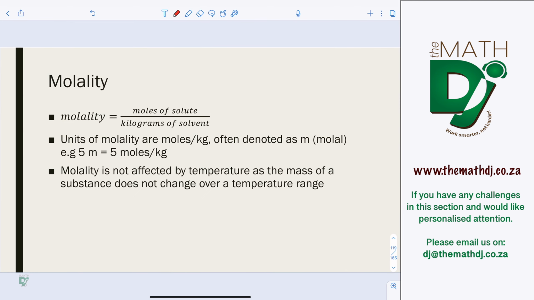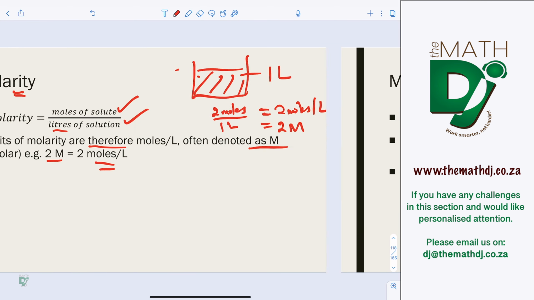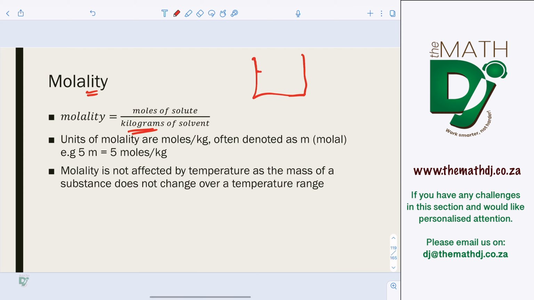Then the other one is molality. So these ones will be using kilograms of solvent. In this case, instead of using liters, you'll be using kgs. So let's say the solvent has 1 kg of solvent, and you know the moles of the solute.